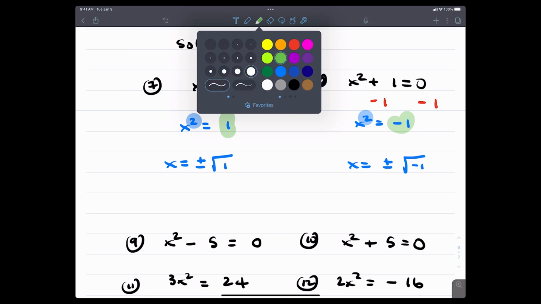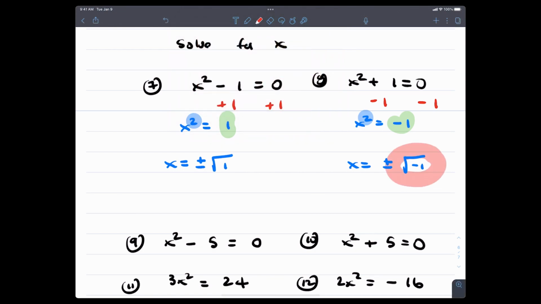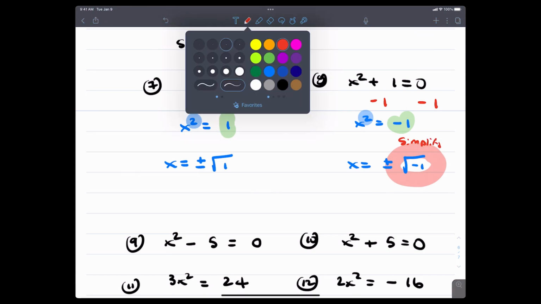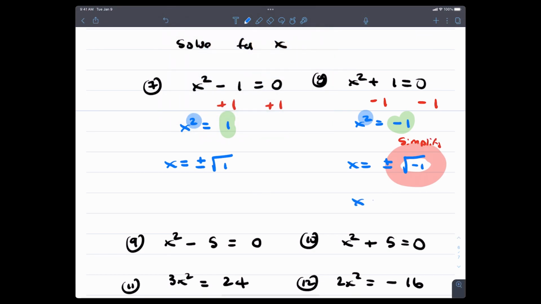So over here, what do you do? Simplify. What's the square root of negative 1? You guys should know that. x is plus or minus what? i. Good. What about over here? What's the square root of 1? 1. So that means x here is plus or minus 1.